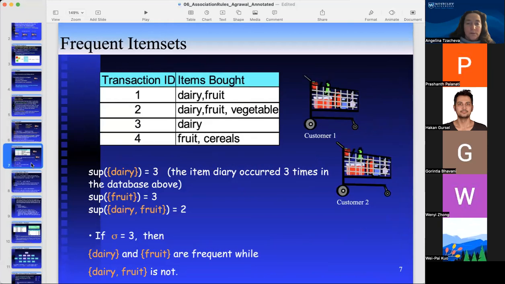Okay. So let's look at this database. And if you can, please take 3 minutes and determine what is the support for the fruits and cereals item set.